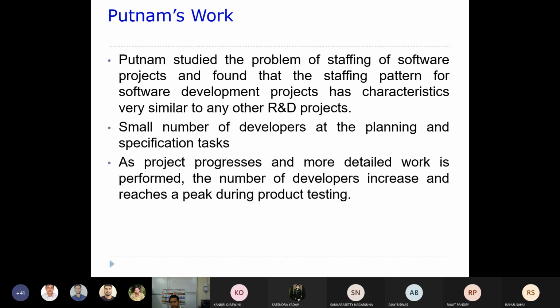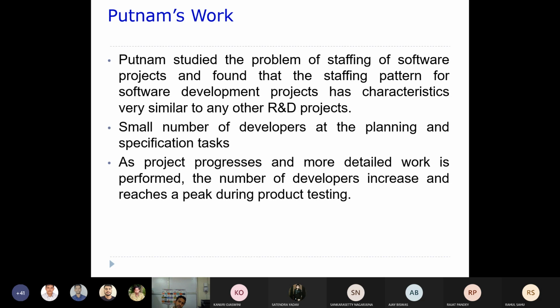As I told you before, at the beginning of an R&D project you deploy very few people. Similarly, in software projects also, during the planning or requirement specification, we require only a few developers, right?